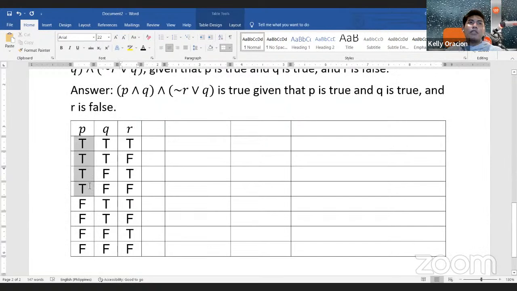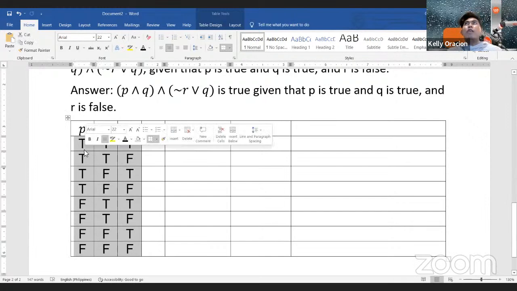Kung P, apat na true, apat na false. Pag Q, T, T, F, F, T, T, F, F. Pag R, alternate, T, F, T, F, T, F, T, F. So again, this is already fixed, no? Take a picture of this one or save this one, especially in your quiz and activity, ito dapat inyong i-follow na format.